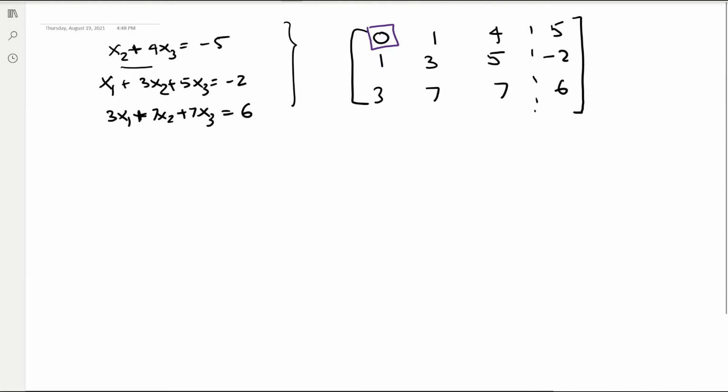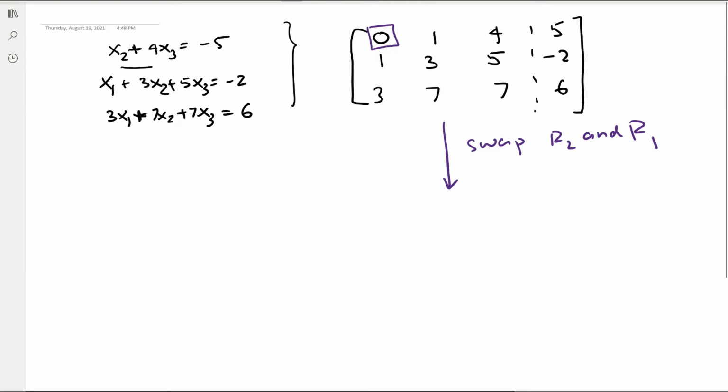To make the leading entry non-zero, we can swap row 2 and row 1, excuse me, not row 3. So I'm going to say swap R2 and R1. This is an example where you have to use swapping of rows as a row operation. We didn't see such an example in any of the problems that we solved before in previous videos.